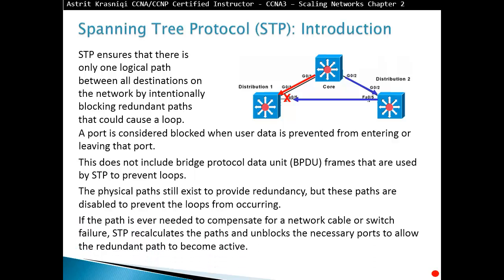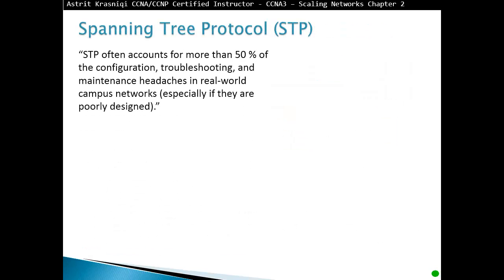If the path is ever needed to compensate for a network cable or switch failure, spanning tree protocol will recalculate the paths and unblock the necessary port to allow the redundant path to become active.